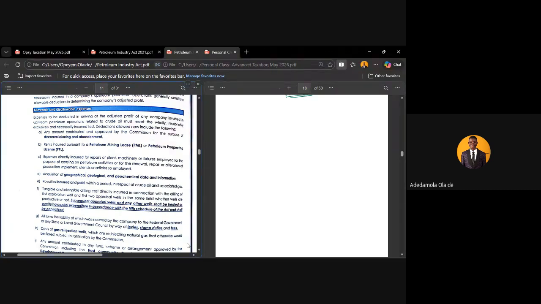If they incur costs for the acquisition of geographical, geological, and geochemical data and information about oil deposit, it is allowable. Any royalty they incur and pay within a period in respect of crude oil and associated gas is allowable.